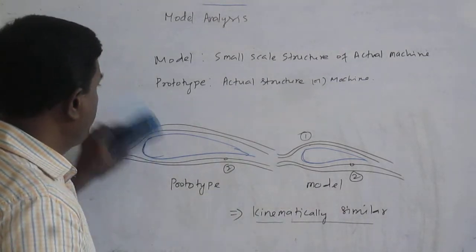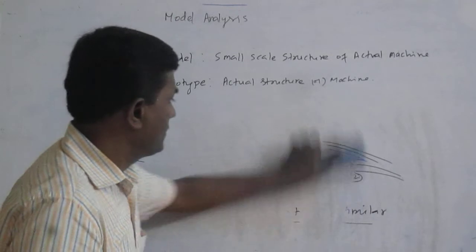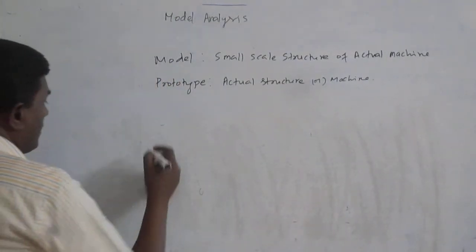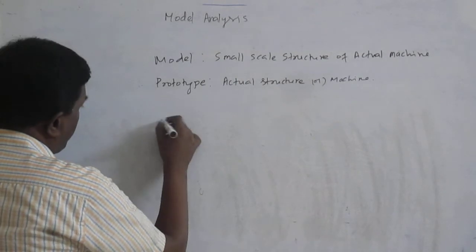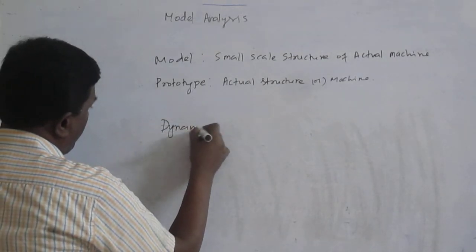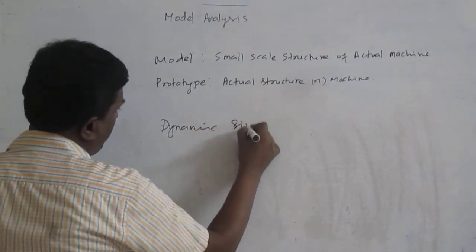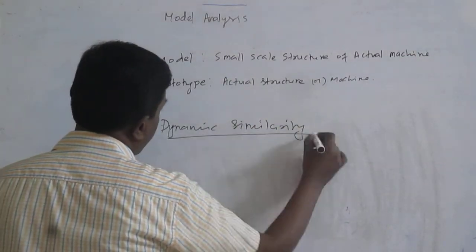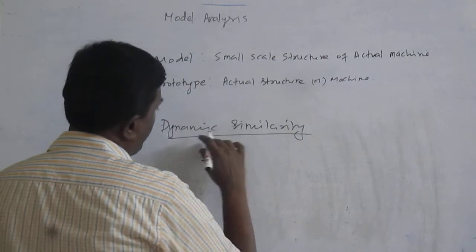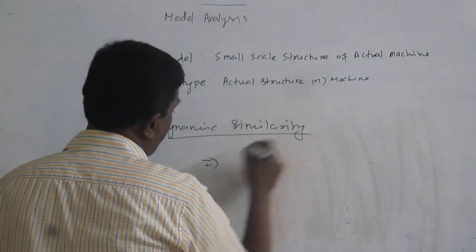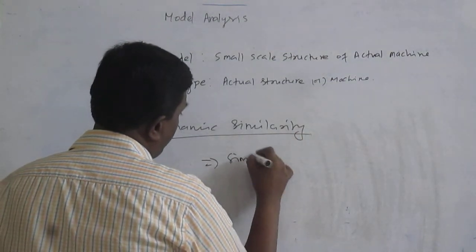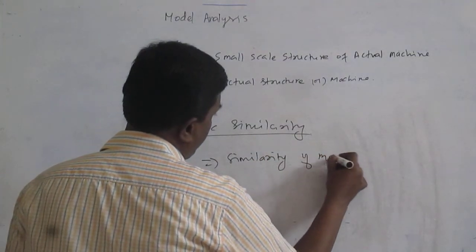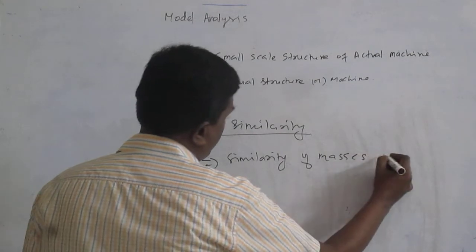So in the case of dynamic similarity, it is nothing but similarity of masses and forces.